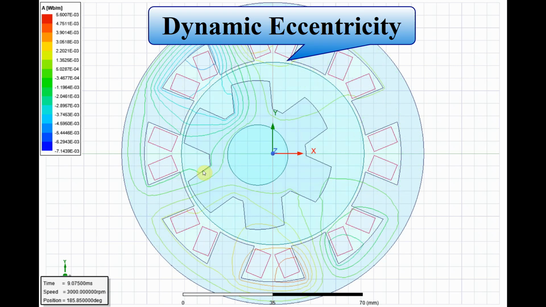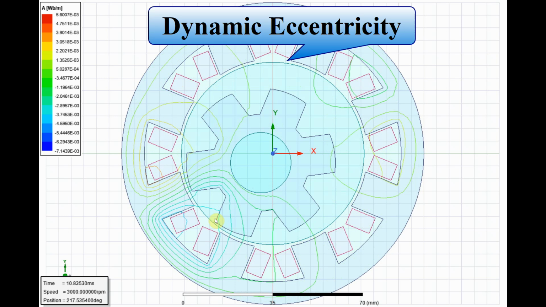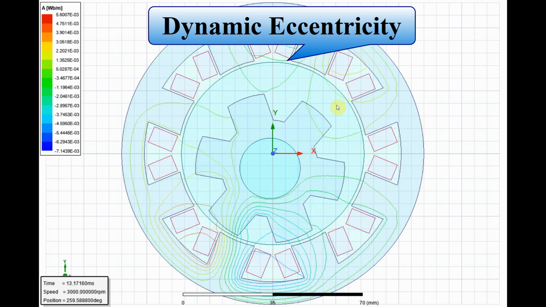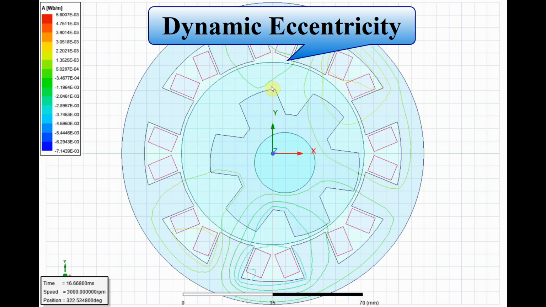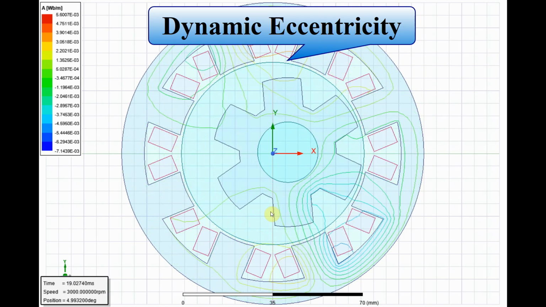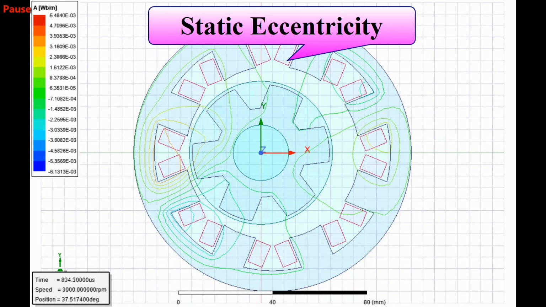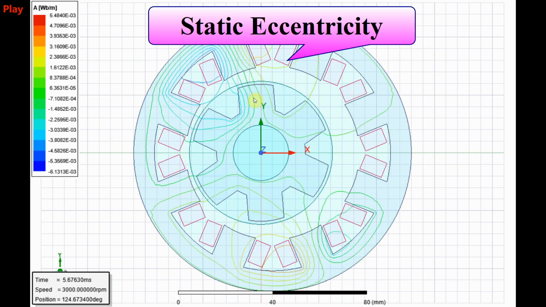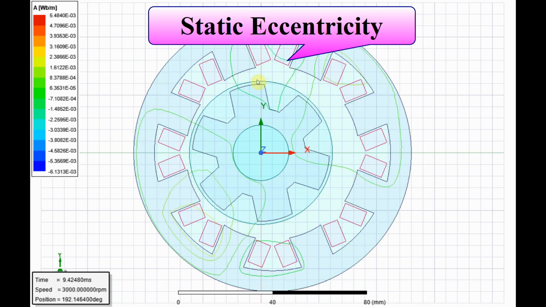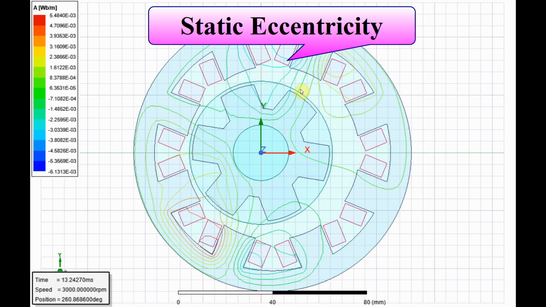Here it's a very low air gap distance, here it's a very big air gap. But when the rotor is rotating, the air gap moves around the band. But in a static eccentricity, you can see the air gap is fixed. It's not uniform around the band, but it doesn't change.